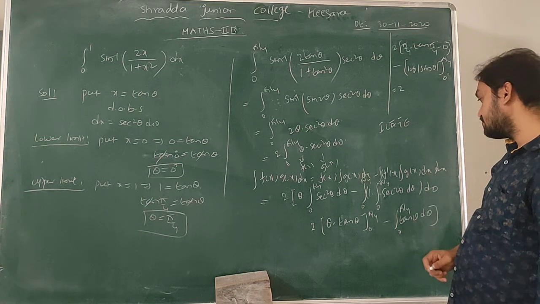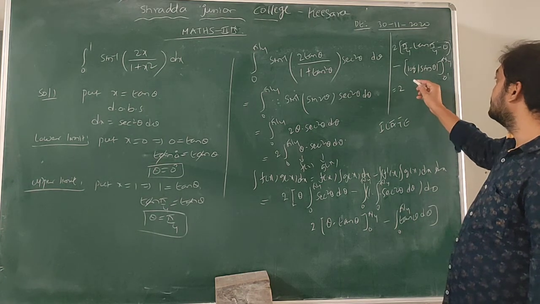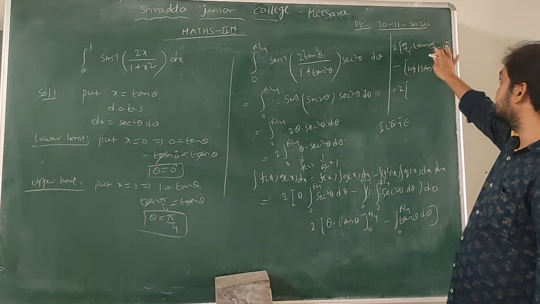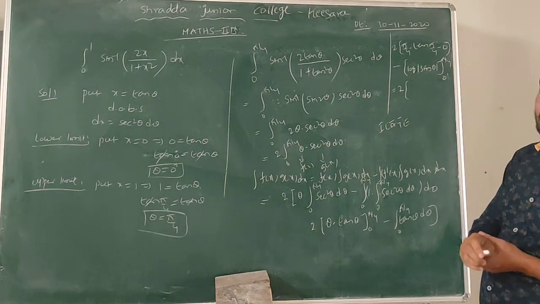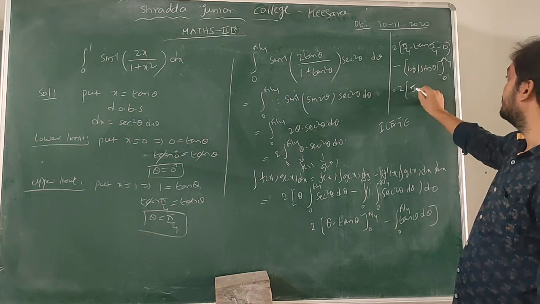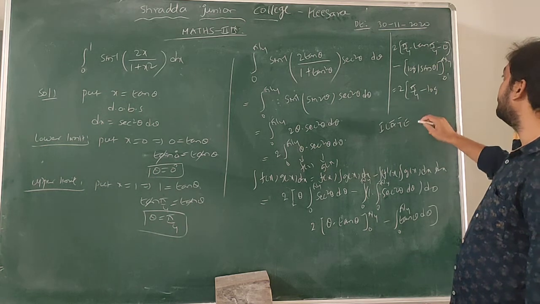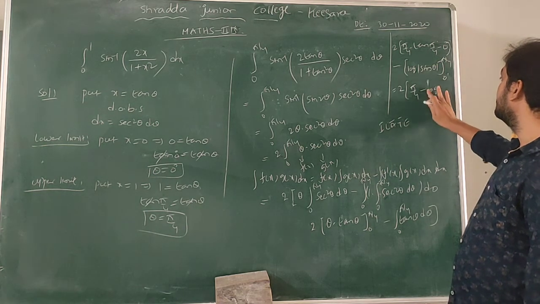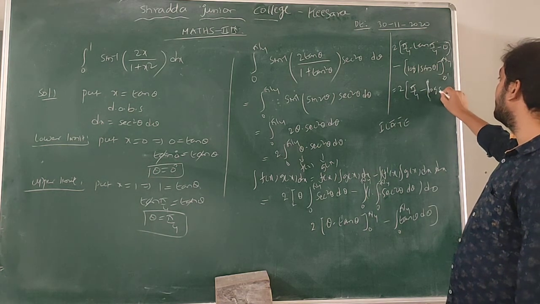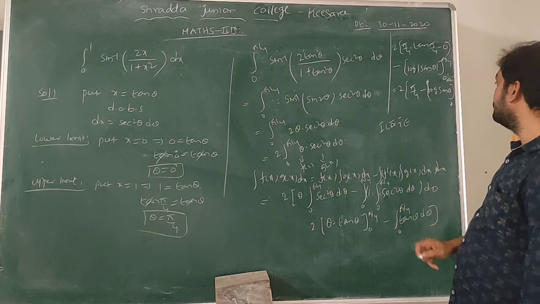This equals 2 into, what is tan pi by 4? Tan 45 degrees equals 1, means pi by 4, minus log of sin theta. Apply the limits, that is 0 to pi by 4.